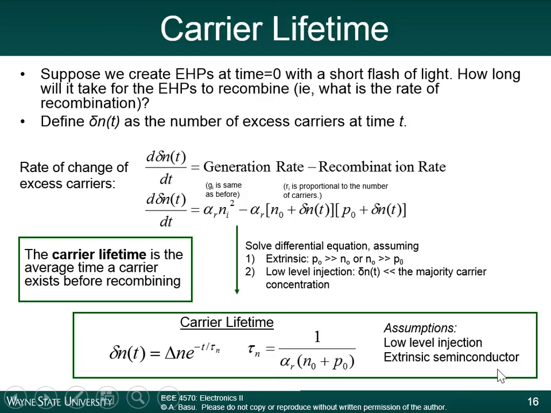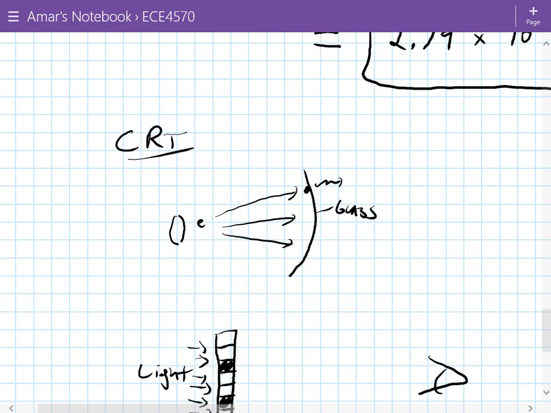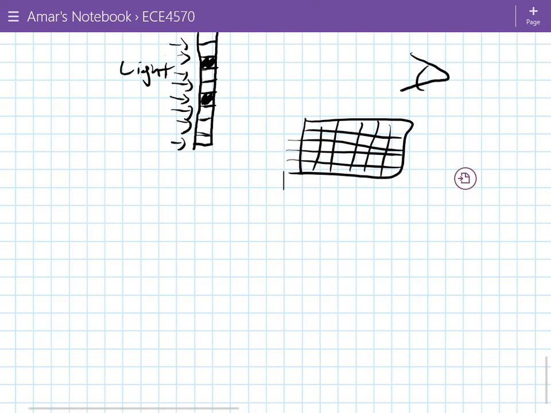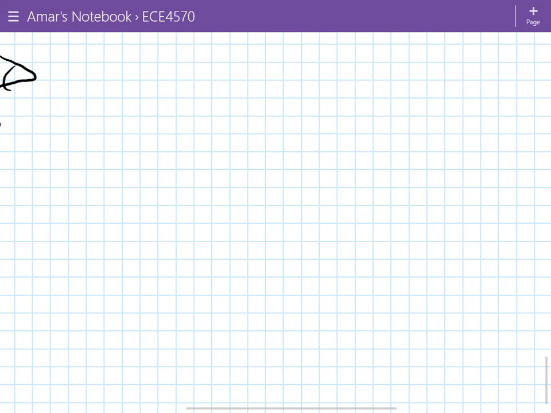Now, in the last few minutes that we have, I just want to go over what this equation means. Many of you have seen an inverse exponential function. What does an inverse exponential function look like? So this is t.